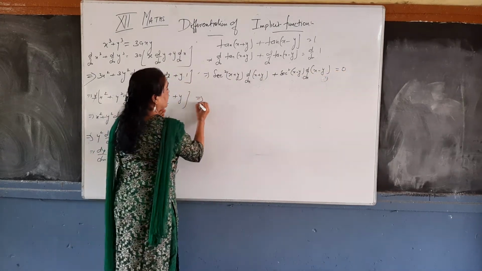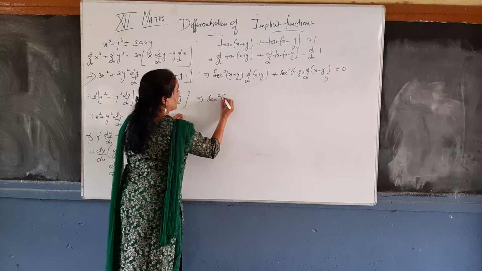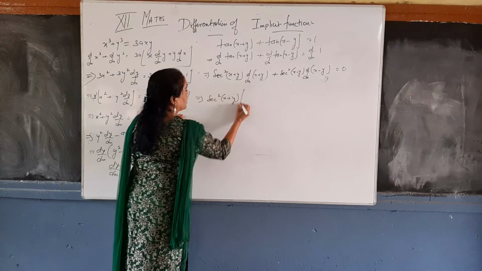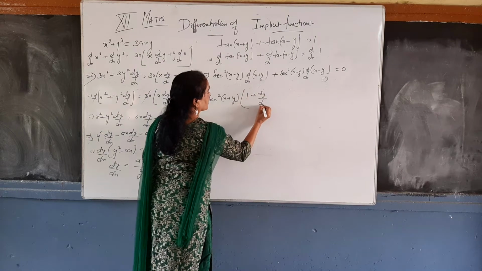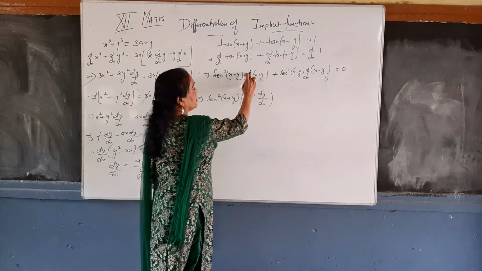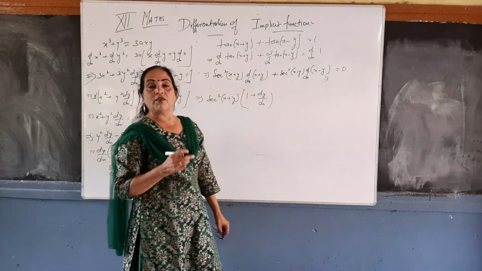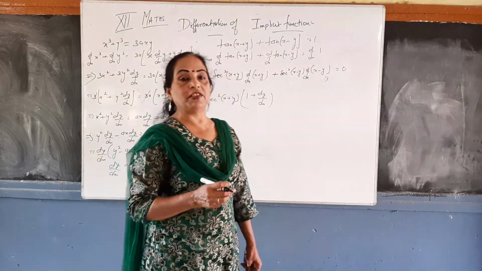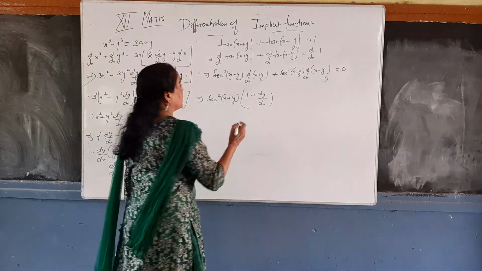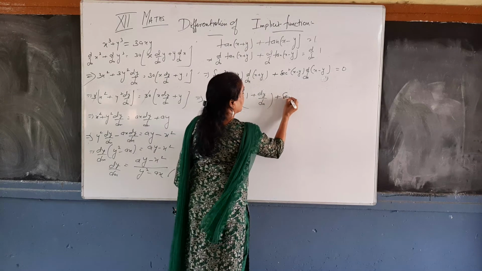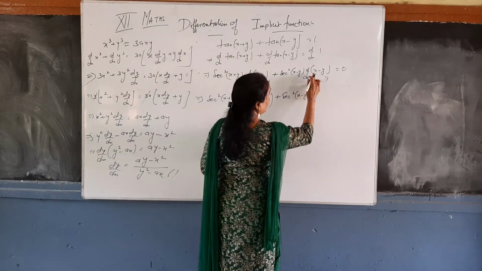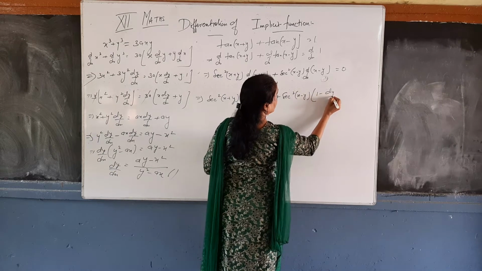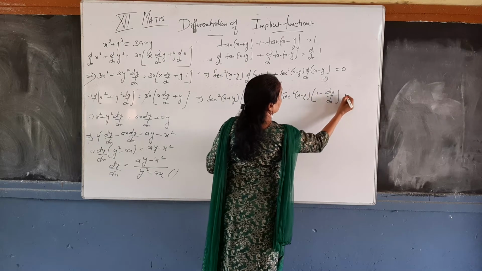Further we get sec square x plus y into the differential of x, which is 1, and of y, which is dy by dx, plus sec square x minus y into the differential of x, which is 1, and of y, minus dy by dx, equal to 0.